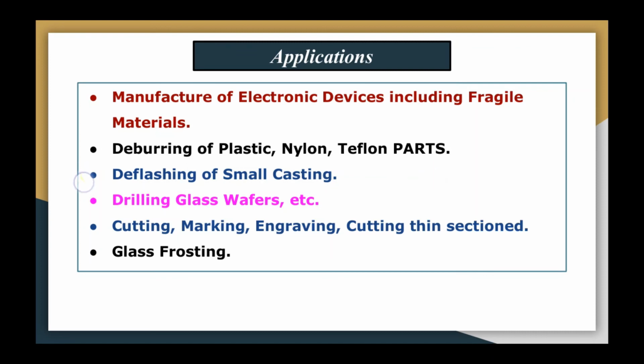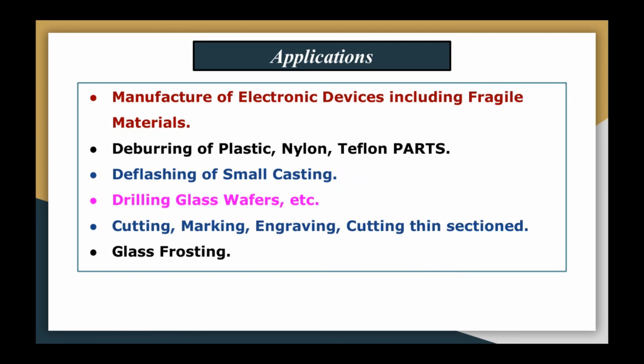Then deflashing of small castings, the excess material which is not useful after you obtain the casting, can be cut with the help of AJM process. Then drilling of glass wafers can be done using this process. Cutting, markings, engravings, and cutting thin sections are other applications. These are the applications where AJM is widely used.